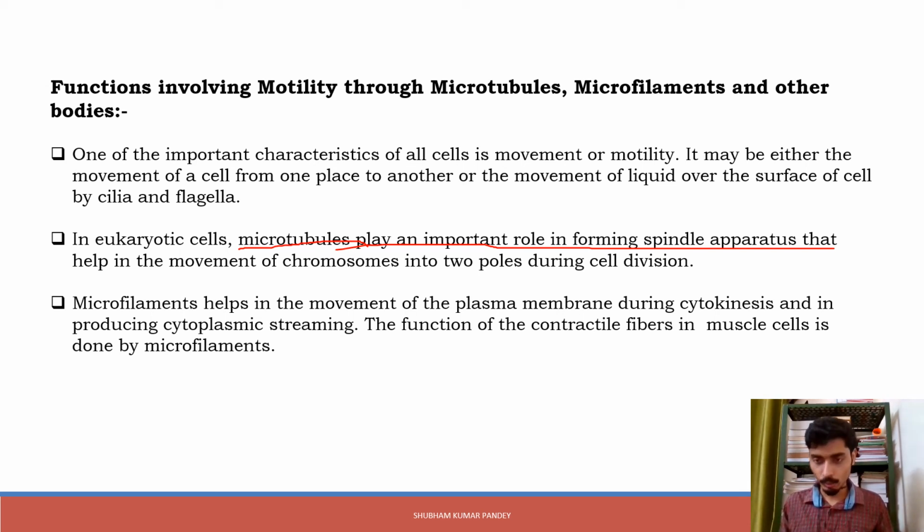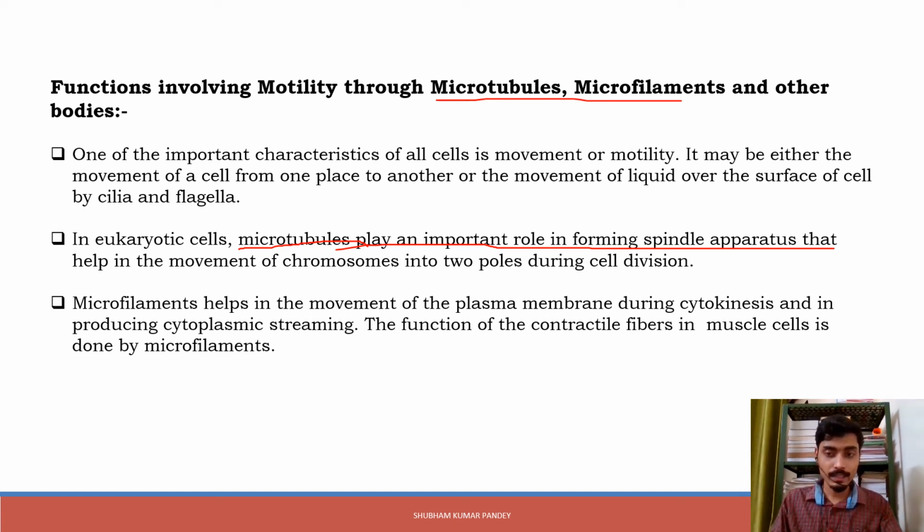During muscle contraction there is movement of actin and myosin filaments, so microfilaments like actin serve in muscle contraction. These are the functions of cells with the help of microtubules, microfilaments and other bodies.